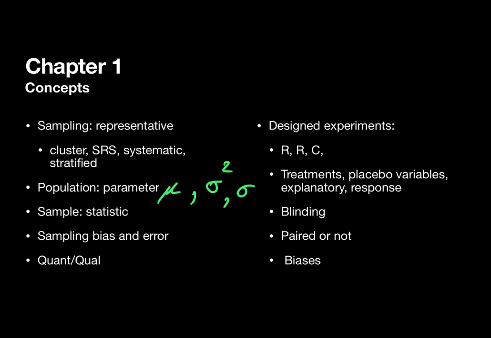All right. And then in a sample, the sample average is x bar. The sample variance is s squared. Sample standard deviation is s. Those are the most common parameters and statistics that we're going to use. There are others out there, but those are fairly universal amongst all statistics books as well.